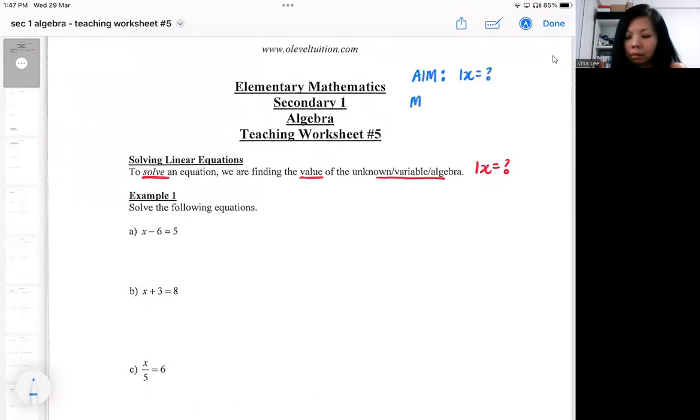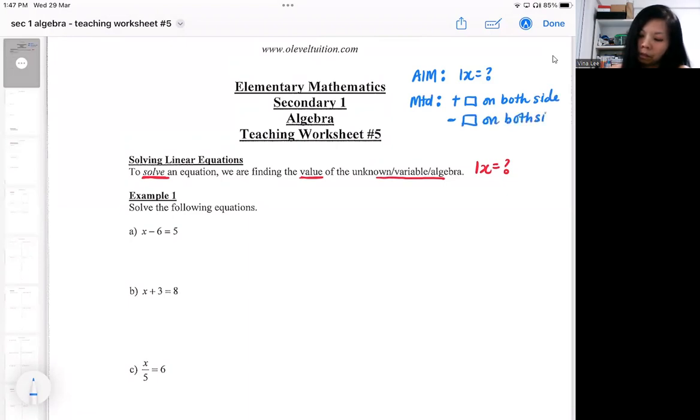And the method, generally, is that you add something on both sides of the equation, or you can minus something on both sides of the equation, or you can multiply or divide something on both sides of the equation.